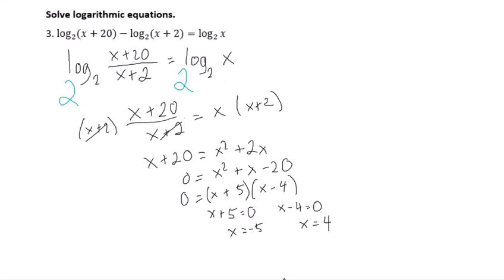Now, with logarithms, you always need to plug them back in. If at any time you get a negative inside the logarithm, it will not be an acceptable solution. So for instance, if you put negative 5 in, you get log base 2 of 15 minus log base 2 of negative 3 equals log base 2 of negative 5.